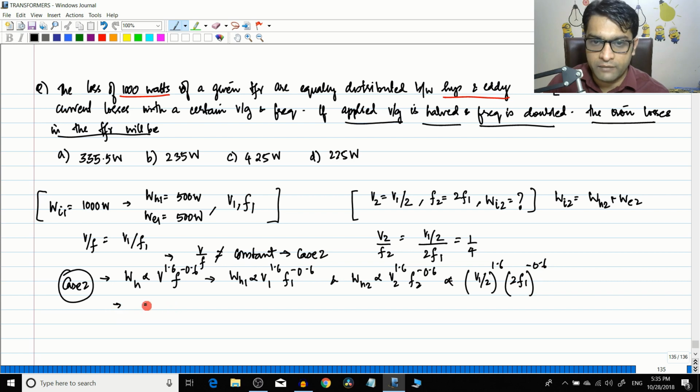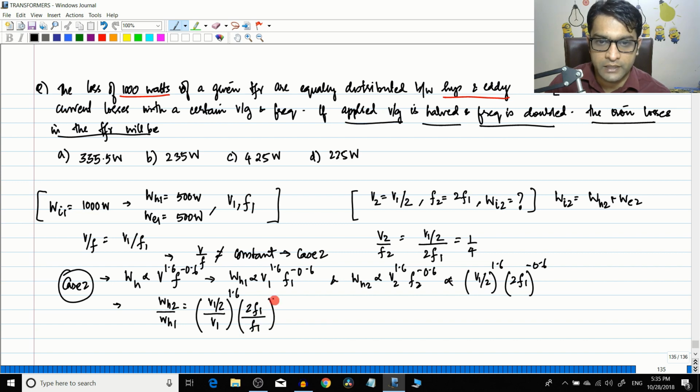So from this we can find that WH2 divided by WH1 will be equal to V1 divided by 2 divided by V1, raised to 1.6, into F2 by F1 raised to minus 0.6, but F2 is equal to 2 into F1.